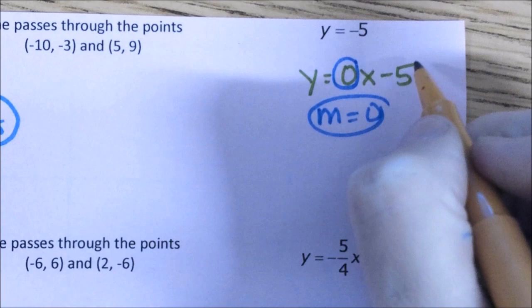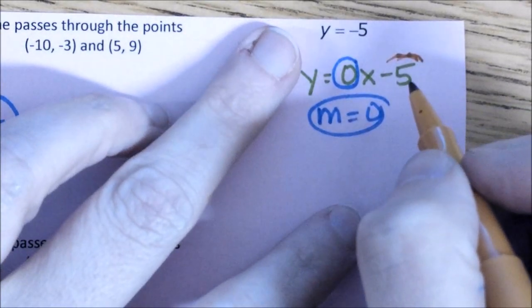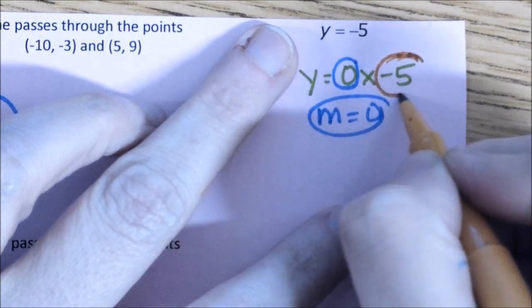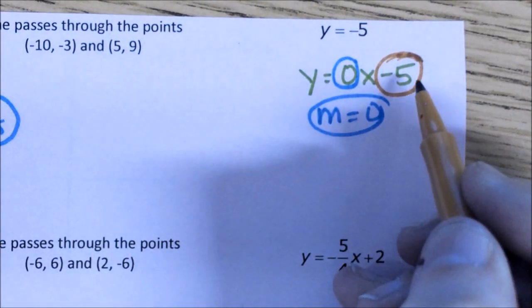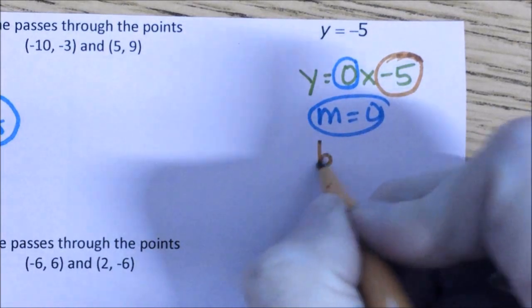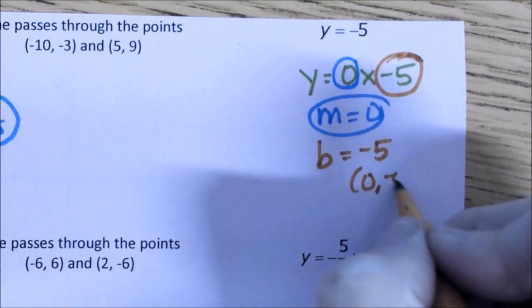My y-intercept is whatever number is by itself. So it's the b in this y equals mx plus b or minus b equation. So it's whatever number is by itself. We also call that number the constant. Okay? b equals -5. Well, actually it's 0, negative 5.